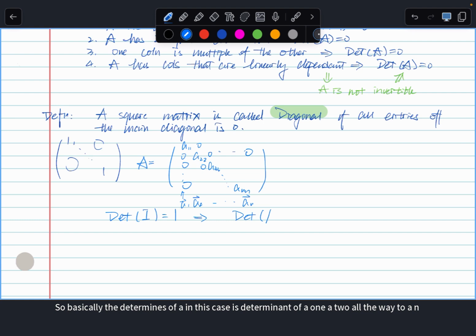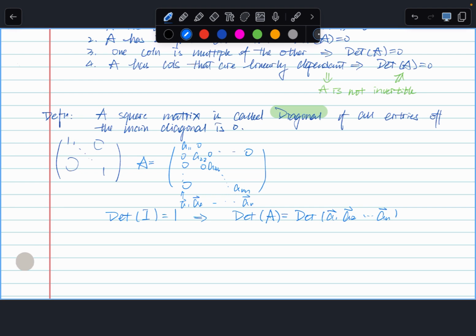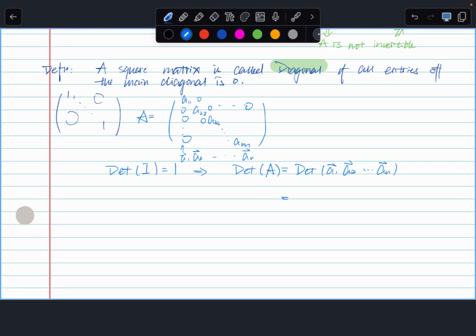So the determinant of A is the determinant of A1, A2, all the way to AN. Now A1 is A11 multiplied by E1, A2 is A22 multiplied by E2, all the way to ANN multiplied by EN.